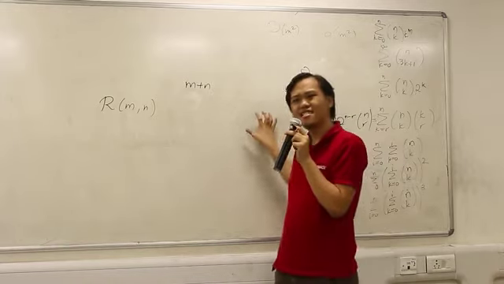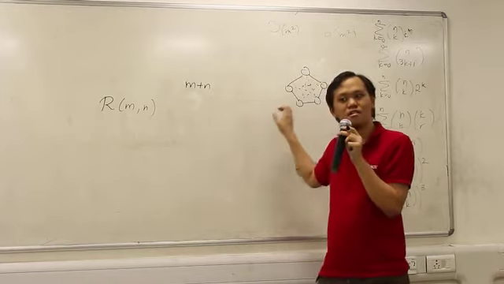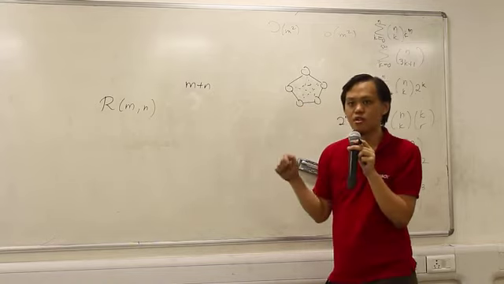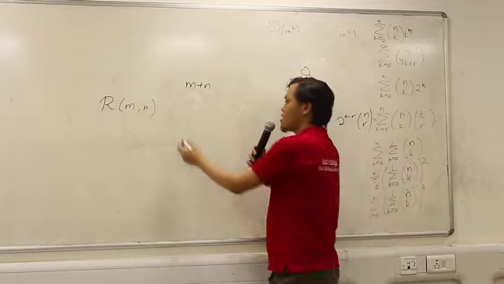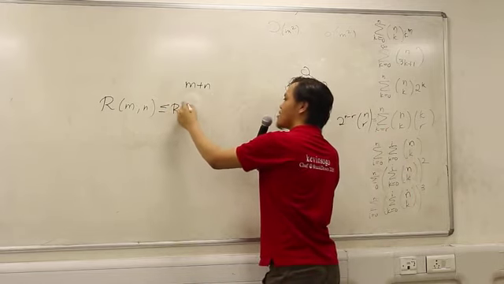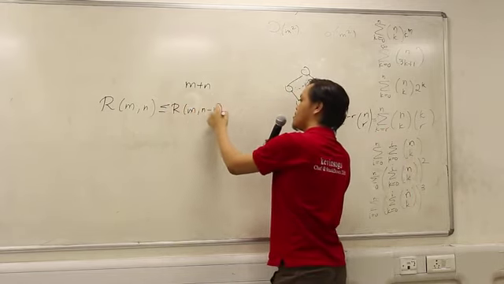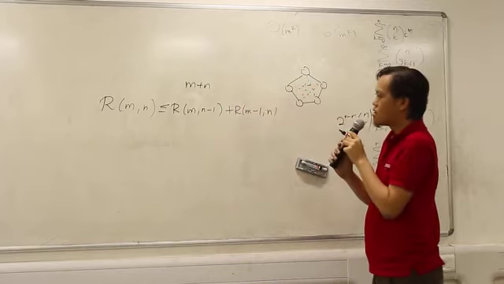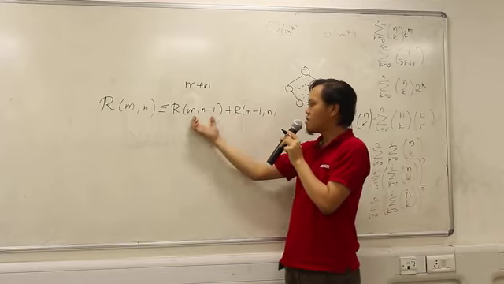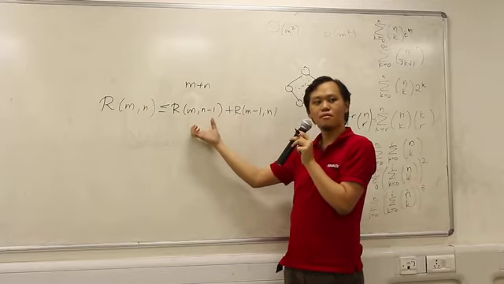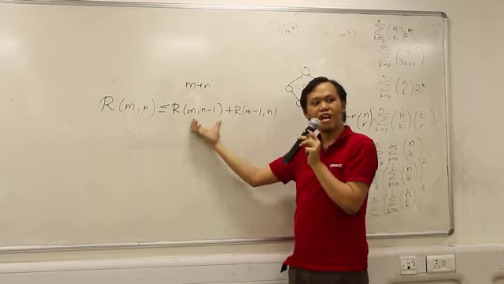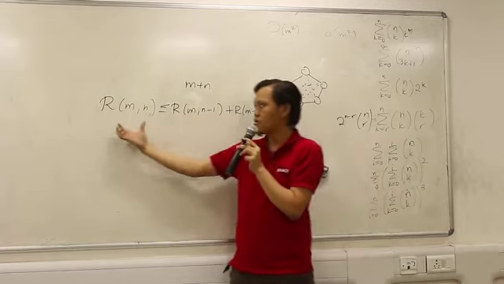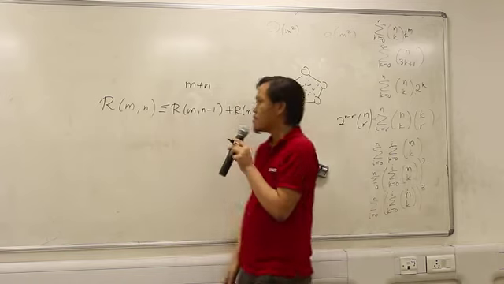And this is basically an extension of the same argument, except we are not looking at triangles anymore, but cliques, so we have to be a little more careful. And the bound will actually be this expression. Okay, remember that these 2 numbers have a smaller sum, and by induction, we know that this value is finite. So their sum will also be finite, and therefore this one will be finite.